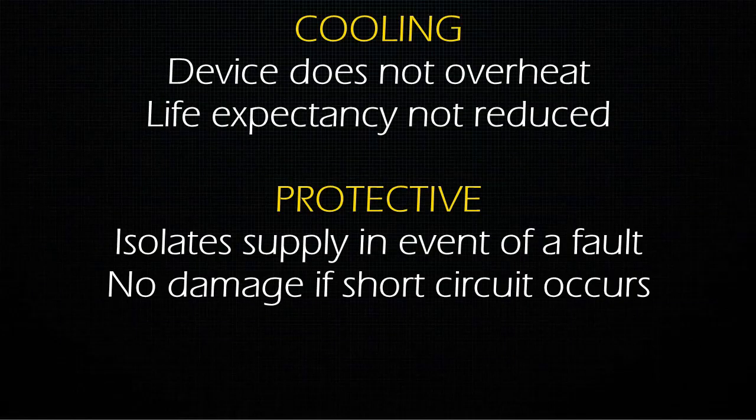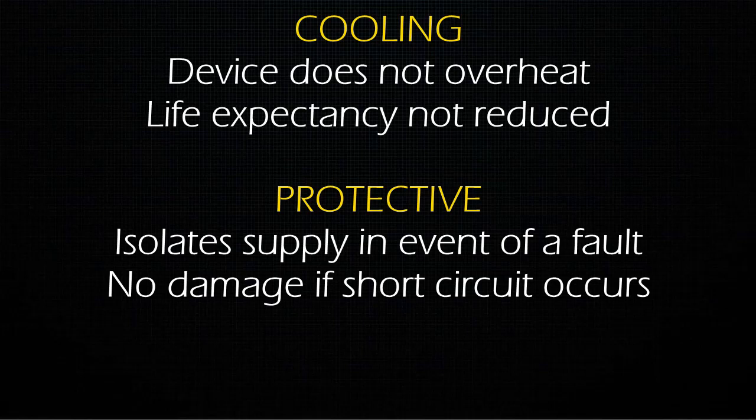So the first two that I mentioned are for cooling. So cooling: the device does not overheat, the life expectancy is not reduced. And for protective: isolates the supply should a fault arise, not causing damage as a result of a short circuit.